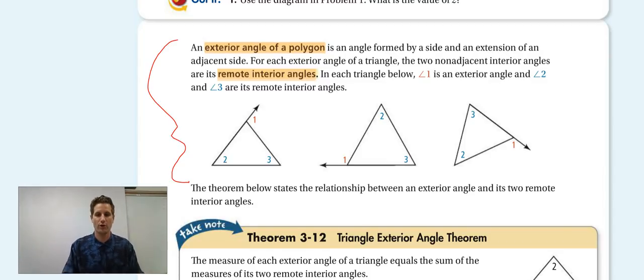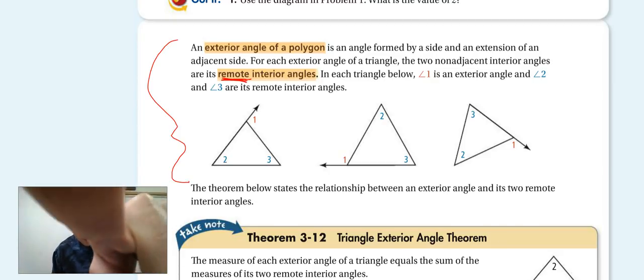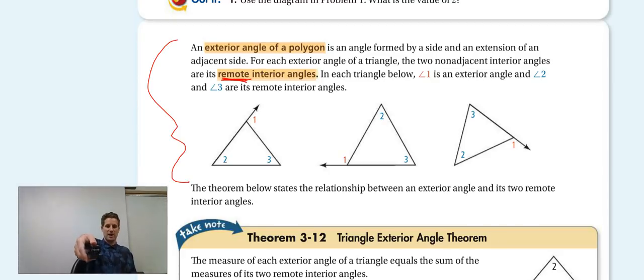For each exterior angle of a triangle, there's two non-adjacent interior angles, and we call them the remote. If you think about it, what is a remote? A remote is like, I'm sitting at my couch and I'm trying to change the channel. I do it remotely. I don't have to go up and actually touch the TV. I can just sit back with my remote, so I'm not right next to it.